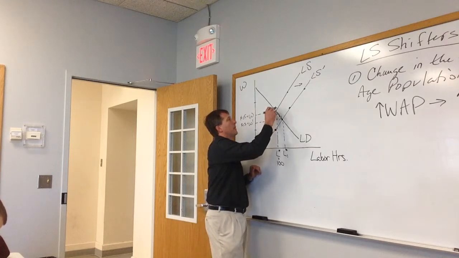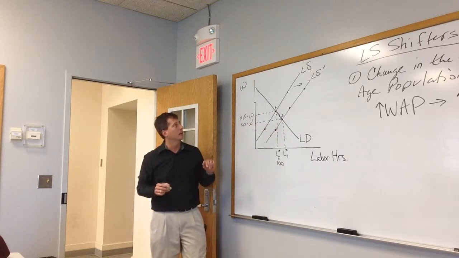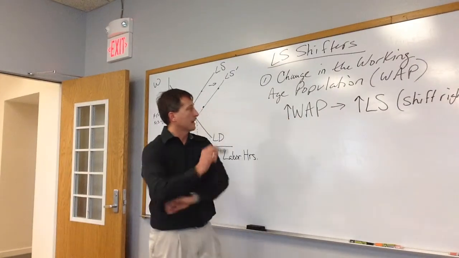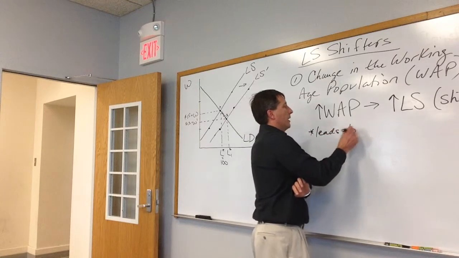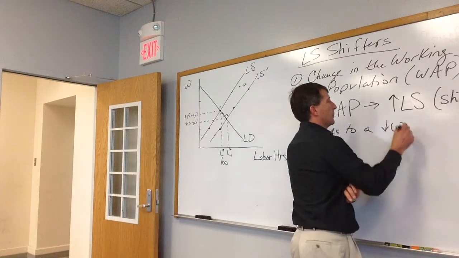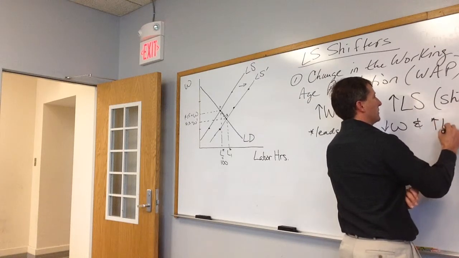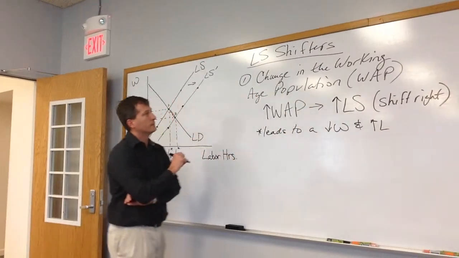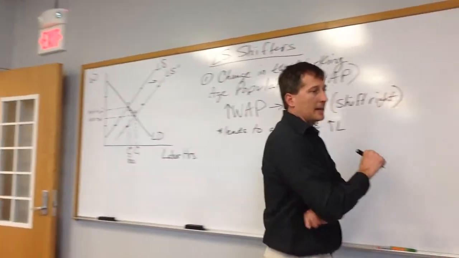So in a sense, we move from A to B. This leads to a decrease in the real wage and an increase in hours. All right, that's the only one we're going to have for labor supply.